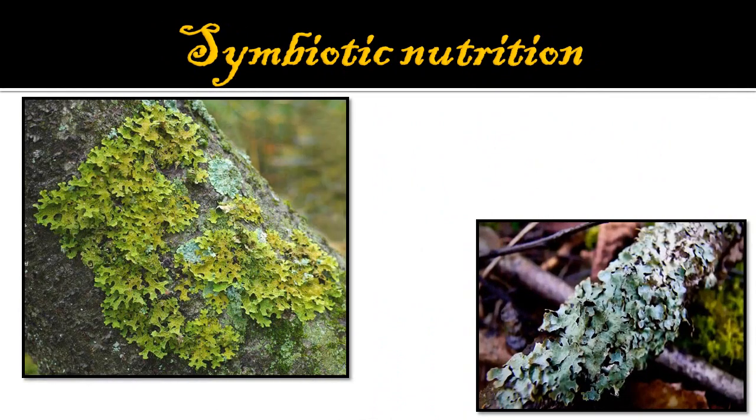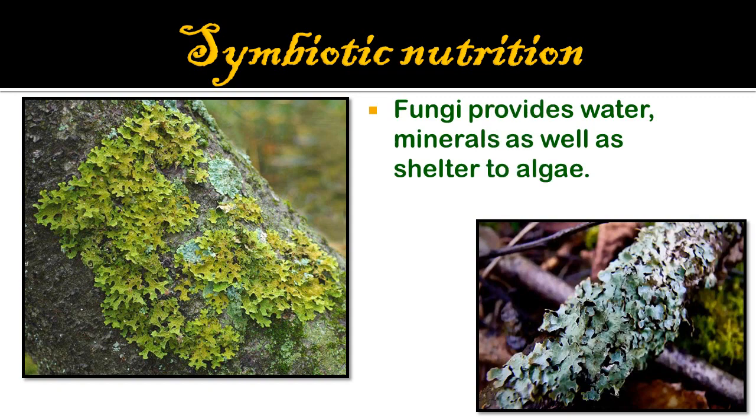Now here again you can observe these two very beautiful pictures. Some fungi and algae are living together. Here the fungi provide water, minerals as well as shelter to algae, and in return the algae provide food to fungi.